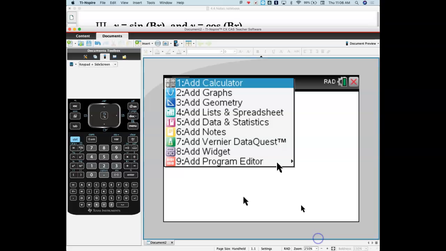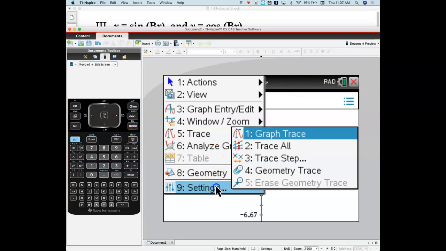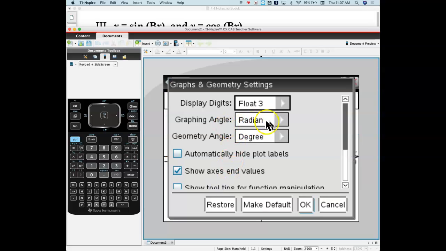We're going to start in the graph. When you're graphing trig functions, we graph in radians. So make sure that you got radians up there. If you don't, it's menu, settings, graphing angle needs to be in radians.